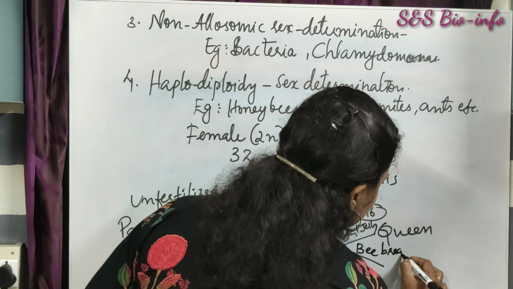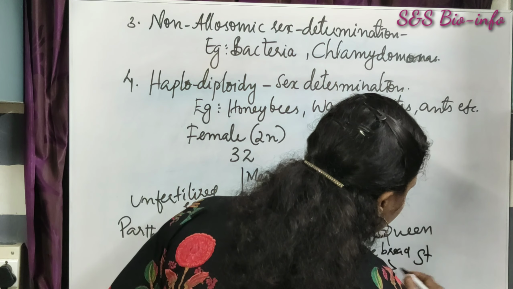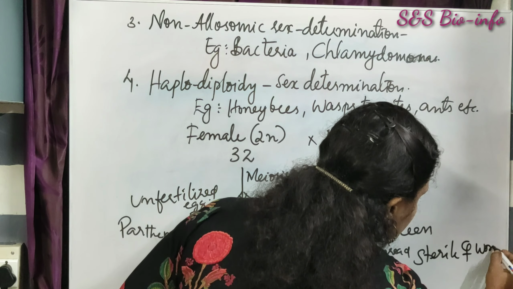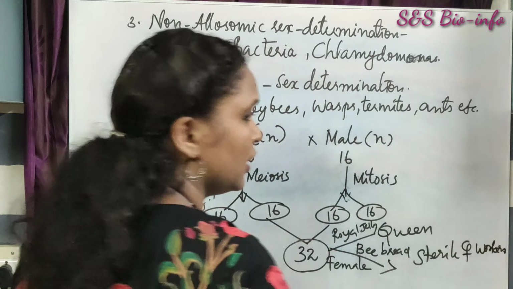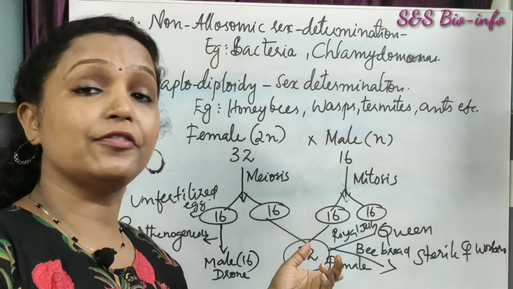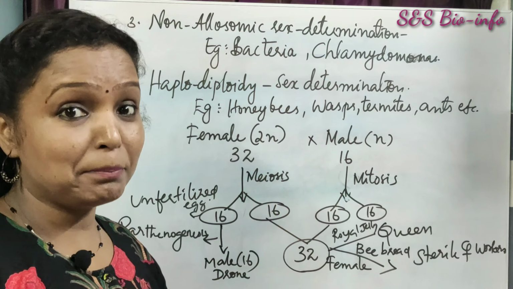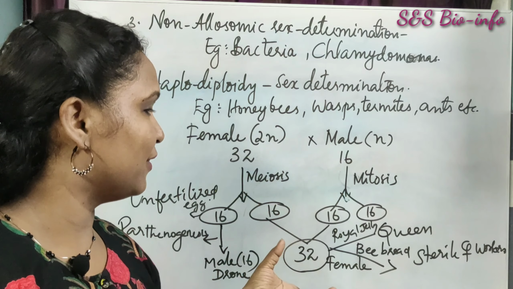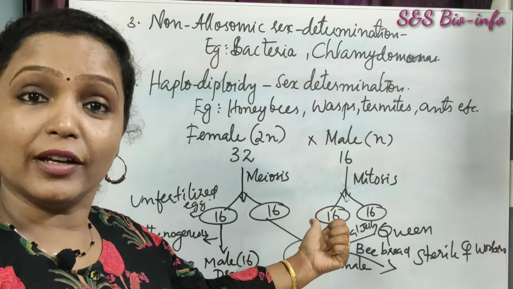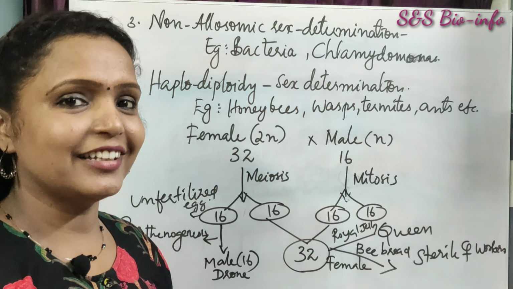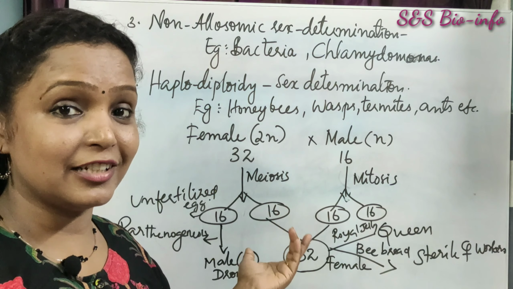What's the job of sterile female workers? Collection of nectar for the members of the family, the beehive. What's the duty of the queen? Laying eggs, producing young ones. Did you get it? The haplodiploidy type of sex determination.